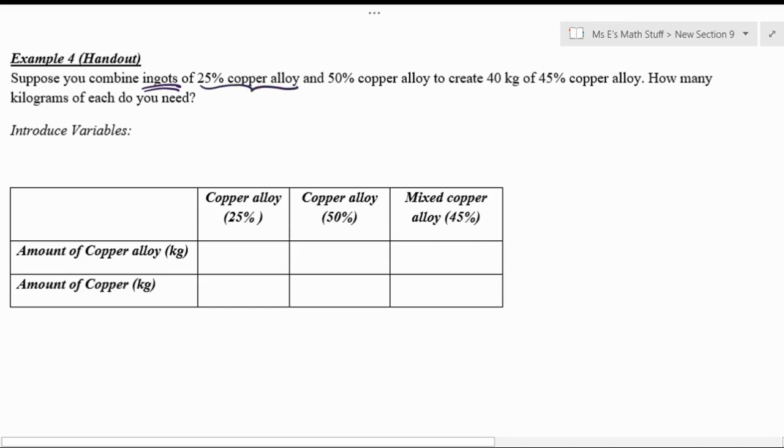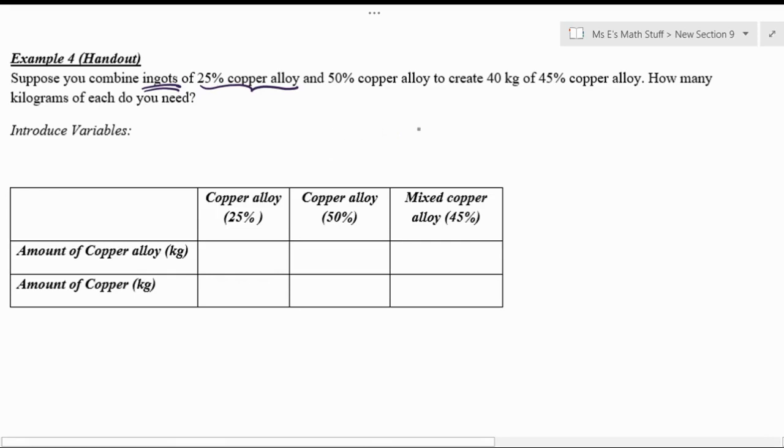So what 25% copper alloy means is that you have a combination of copper, where 25% of this combination is copper, and the rest of it is other metals. Hopefully that makes sense. Let's digest that for a second.